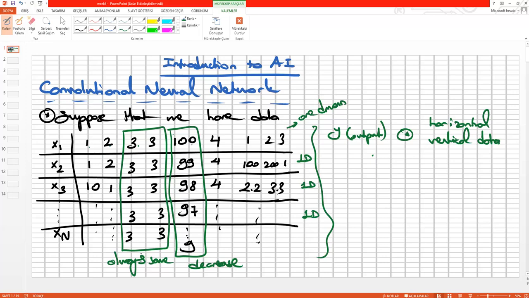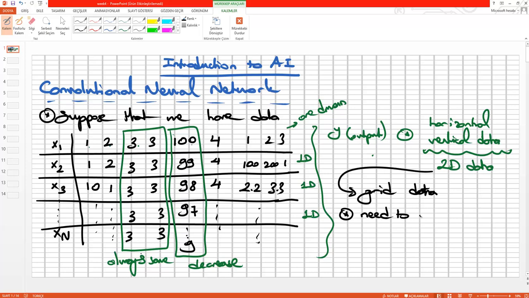Okay, and so how can we use this horizontal and vertical data? We can build a two-dimensional data distribution, which we call in the machine learning literature grid data. Okay, this is called grid data. And so our conclusion is that we need to analyze the training data set or the input in both directions, right?